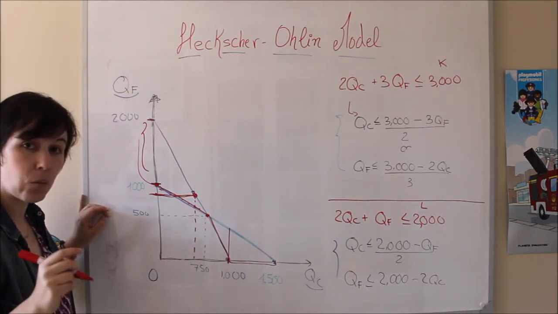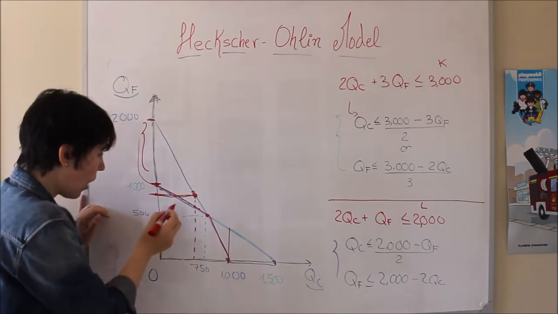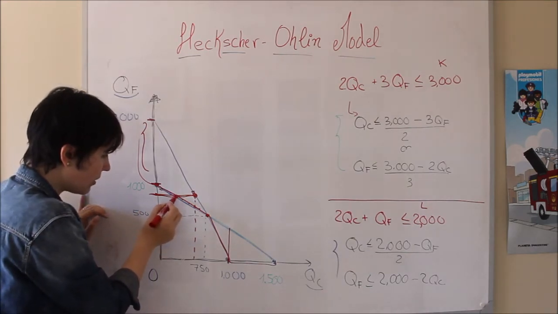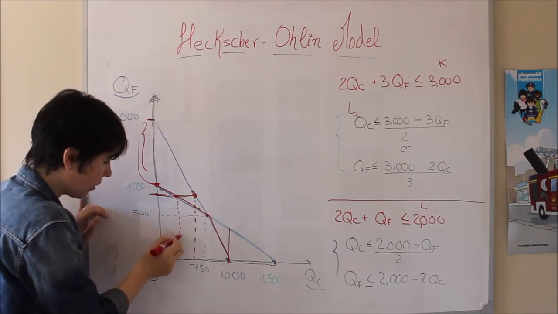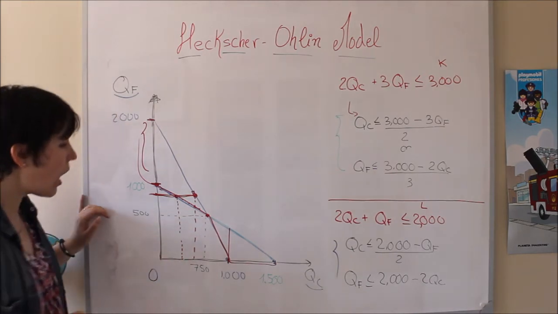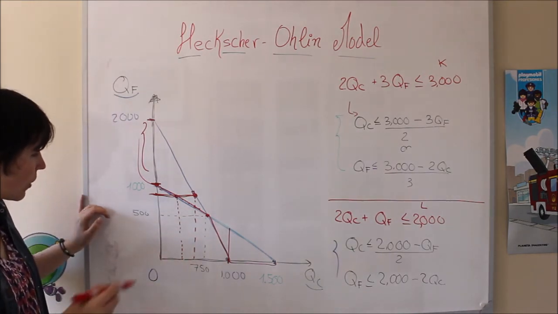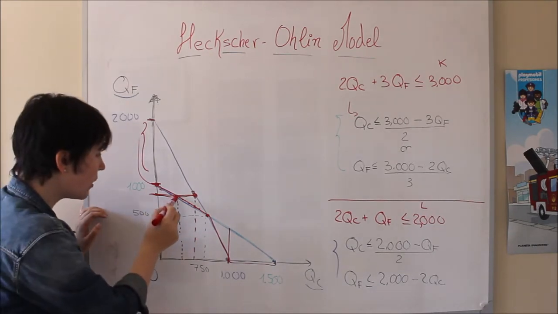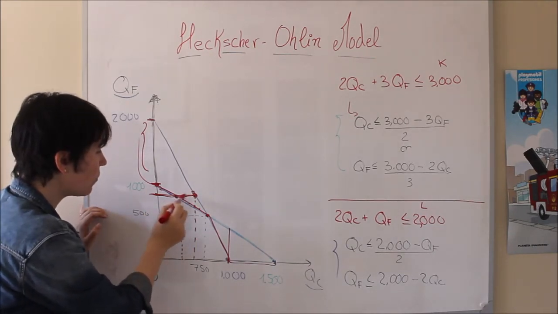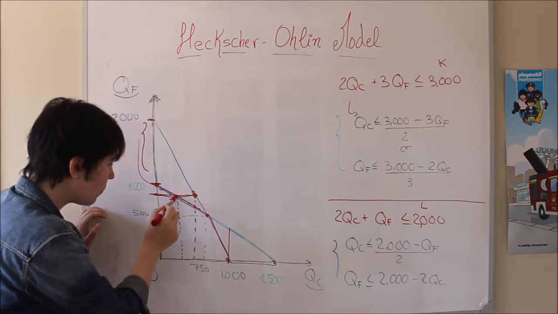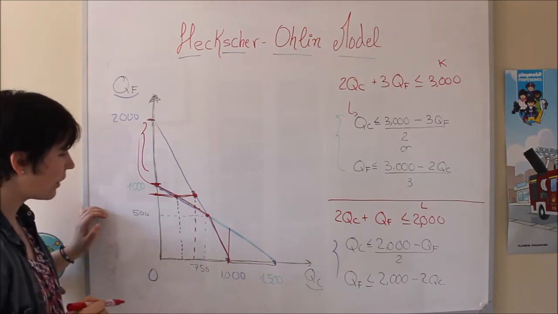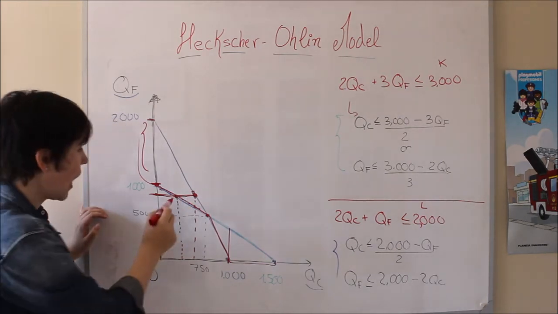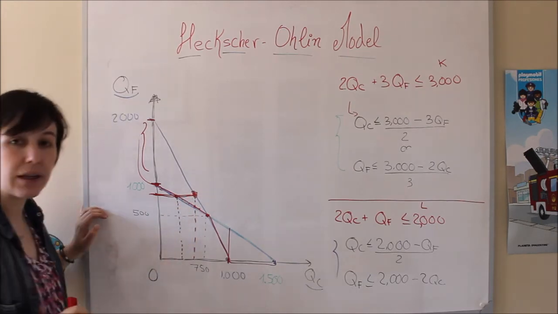Instead of that, when we are producing clothes, the output that is possible is this one. How is that possible? Because for producing clothes, to go from here to here, we need more capital. This is the output that we can get.